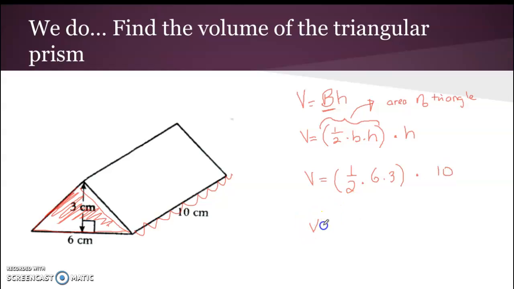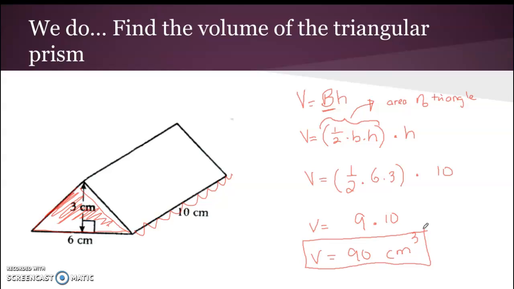So let's do half of 6 is 3, times 3, which is 9, and then times 10 is 90. So the volume, and don't forget centimeters cubed, the volume of this guy is 90 centimeters cubed.